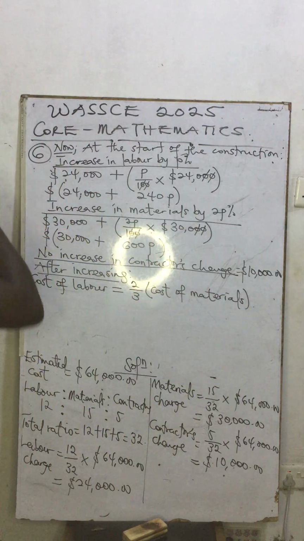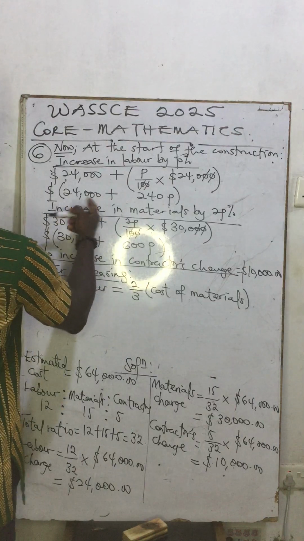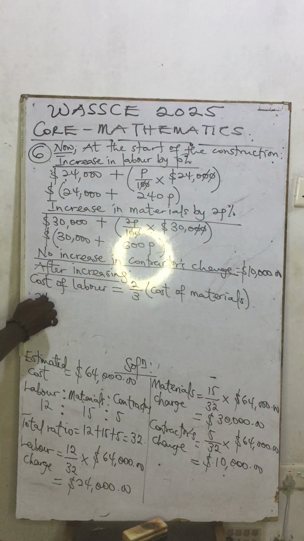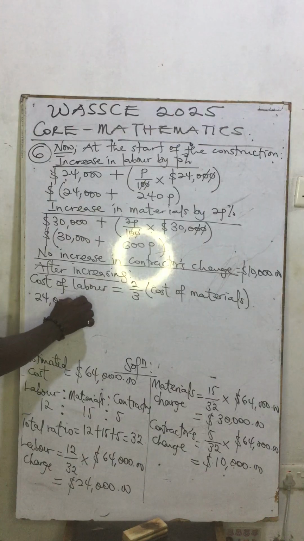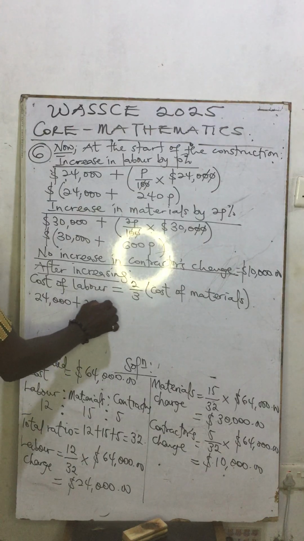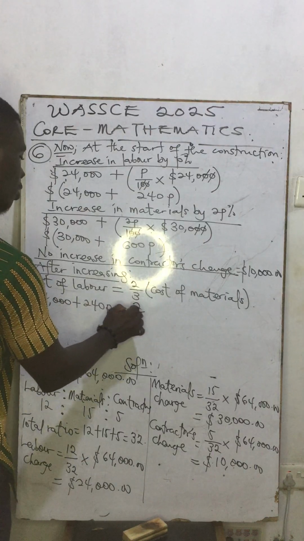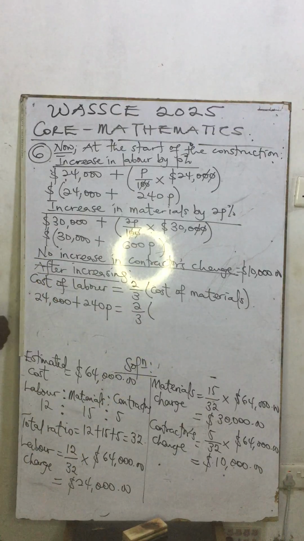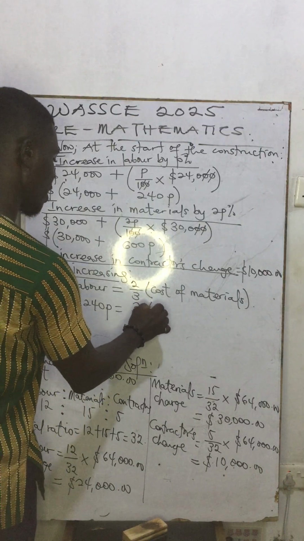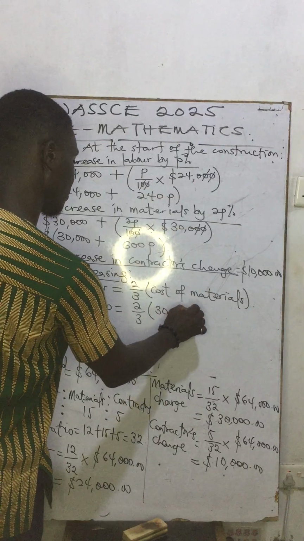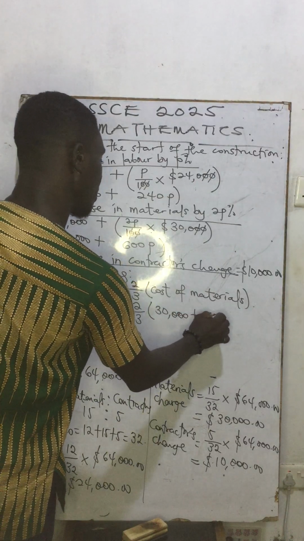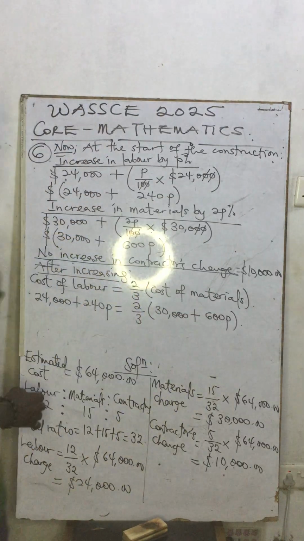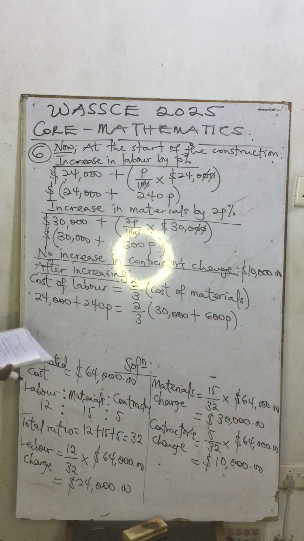The cost of labor after the increase is 24,000 plus 240p, equals 2/3 of the cost of materials after the increase, 30,000 plus 600p.